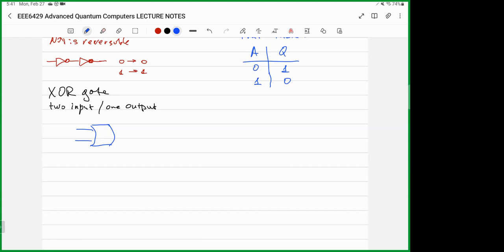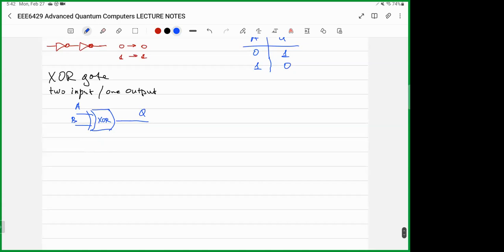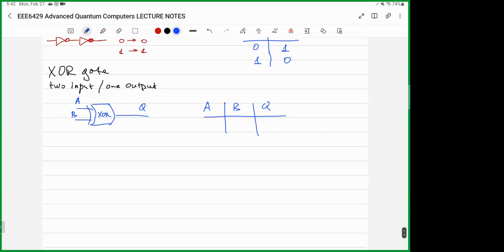So we have these two elements as inputs, A and B. This is XOR here, and the output Q. So the truth table for this classical gate is as follows. This is A, B, and Q. And what this gate basically does is the following.